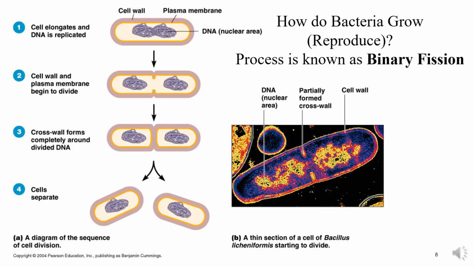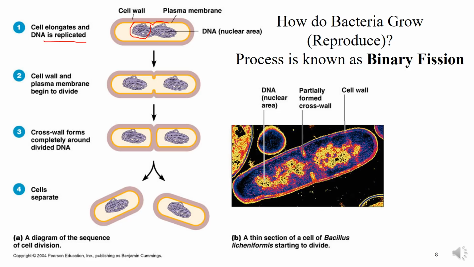So having looked at the conditions that bacteria need for survival and growth, let's look at how bacteria reproduce. Bacteria reproduce by a process known as binary fission. When it's time for the bacterium to divide, it elongates and then replicates its genetic material. This is the DNA of bacteria.